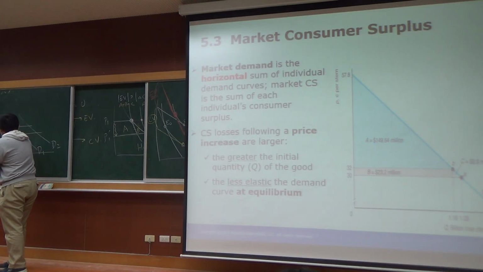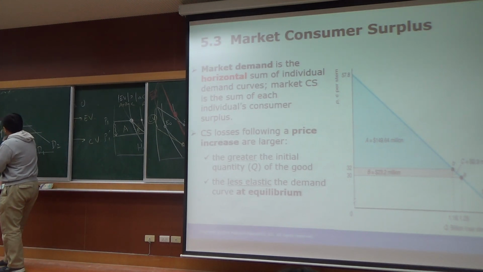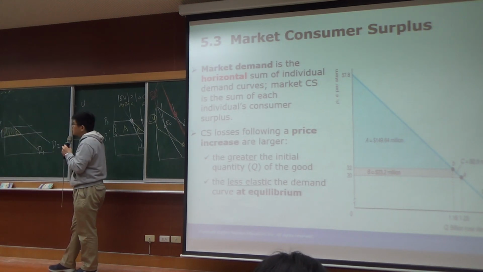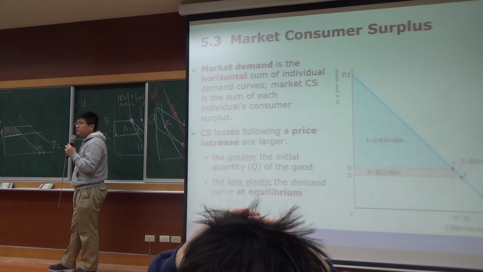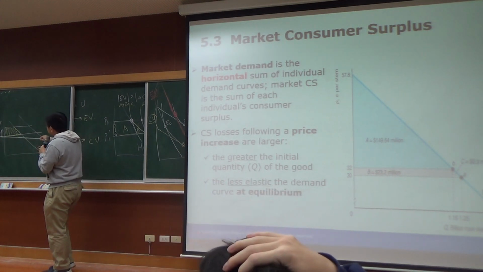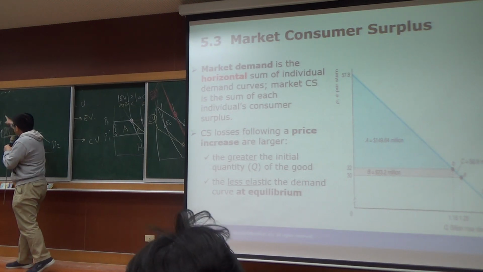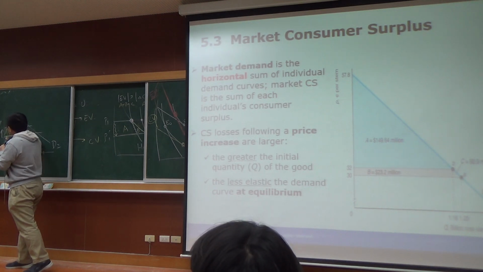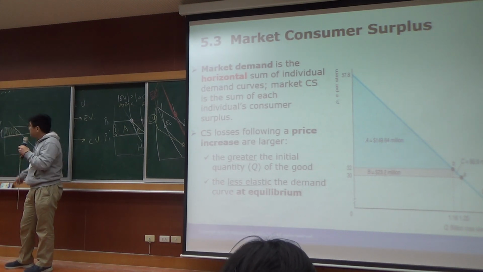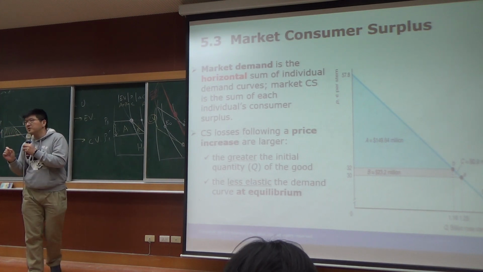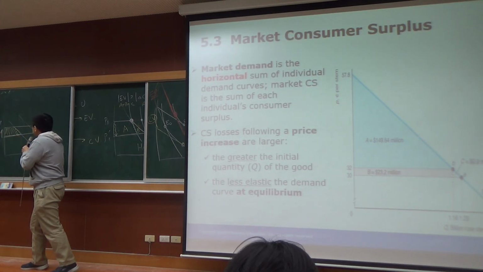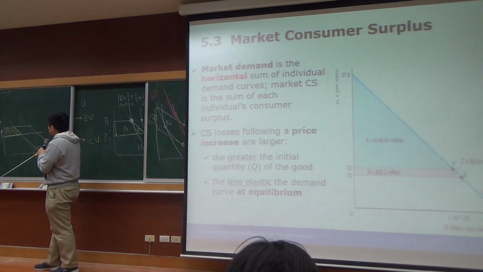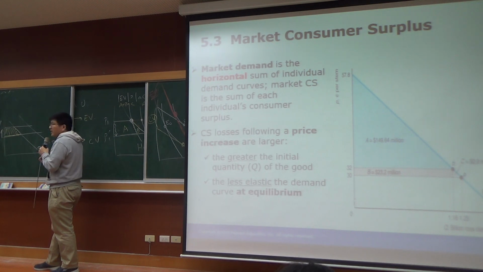So what do you think? Is it D1 or D2? This is the loss of consumer surplus, right? Because with the price increase, your consumer surplus will decrease by this part, from a bigger one to a smaller one. So which one do you think is bigger when the price goes up from P to P prime, given D1 or D2?